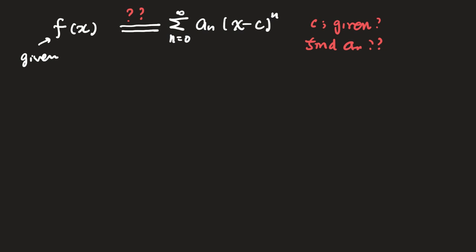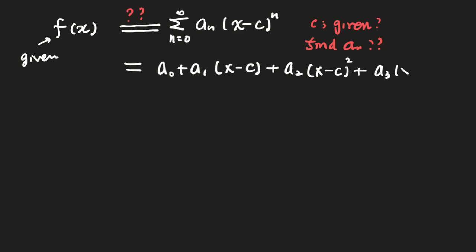Before we start to find an, let's expand this power series: a0, plus a1 times (x minus c), plus a2 times (x minus c) squared, plus a3 times (x minus c) cubed, plus and so on, an times (x minus c) to the n.